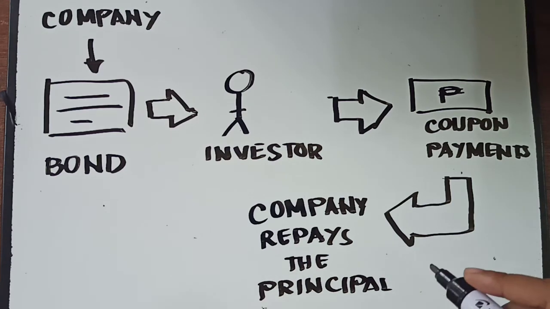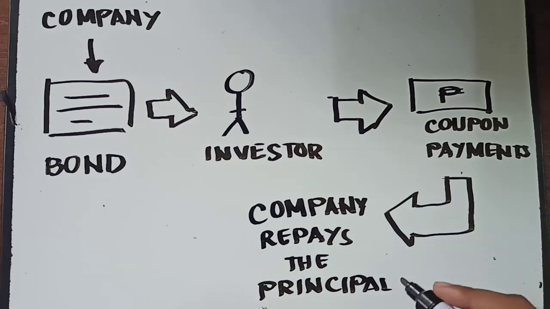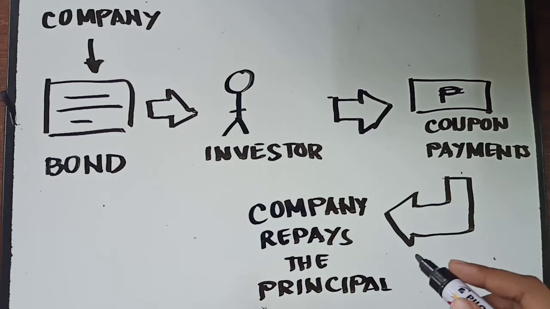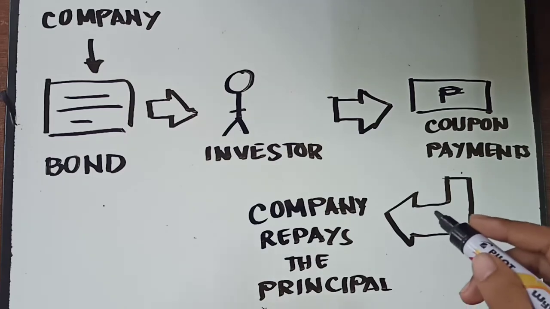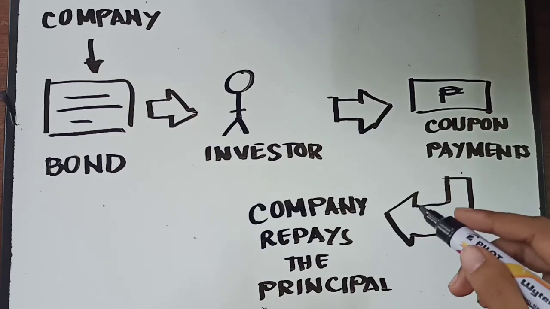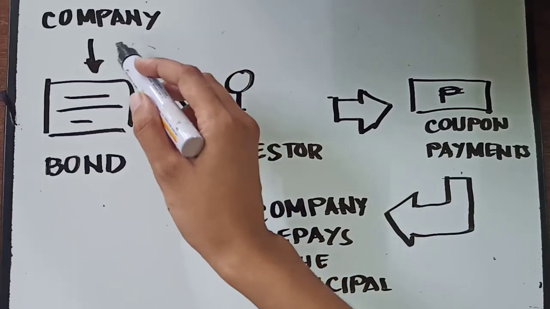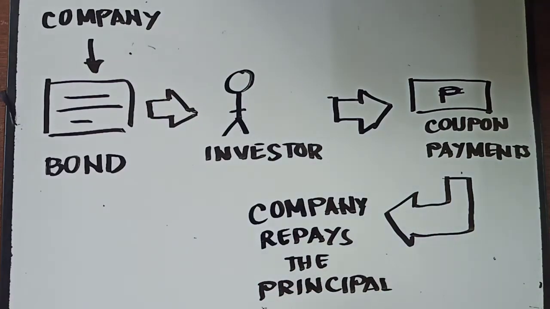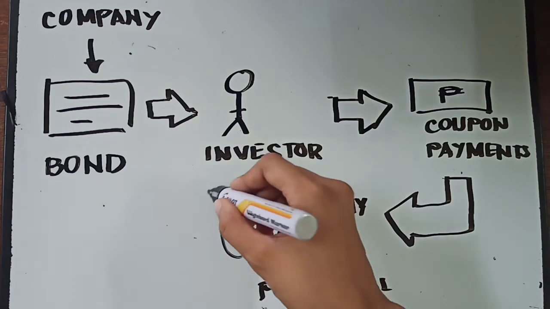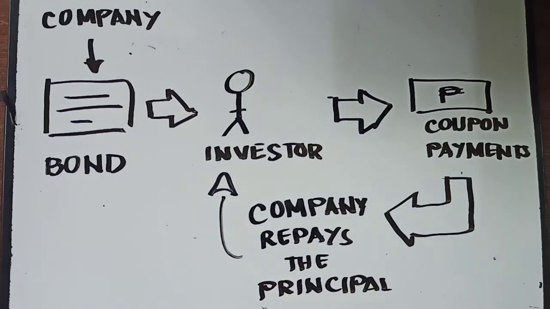Okay, ito yung due date. Due date kung tawagin ng iba. Okay, so ito yung due date na kung saan dapat sa date na to is maibalik na sa'yo yung pera. So again, kapag dumating na yung maturity date, si company or si bond issuer ay ibabalik na sa'yo yung principal. Okay?